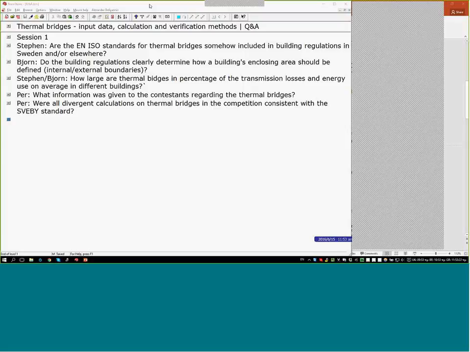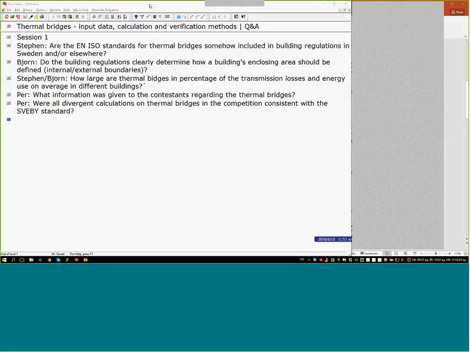Björn here. The Swedish building code refers to standards, so they do. However, I don't know if the correct English term is indirect. They don't refer to the actual standards directly. They refer to the overall standards, which Steven showed in the beginning, on how to calculate the energy demand for the building.